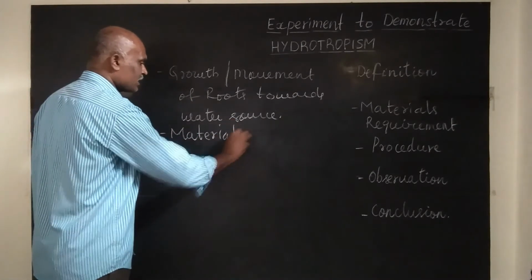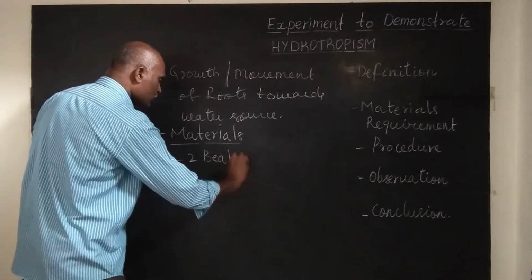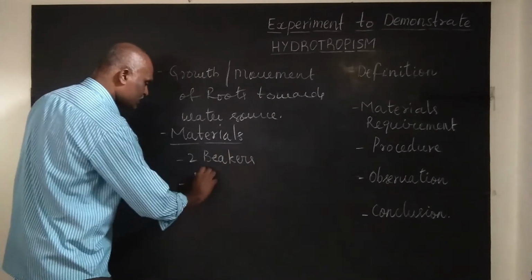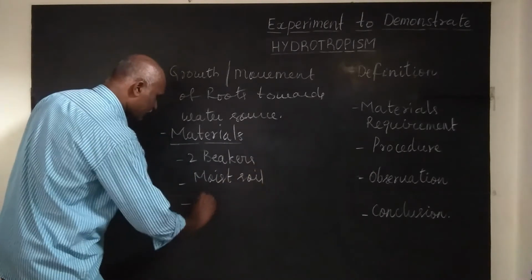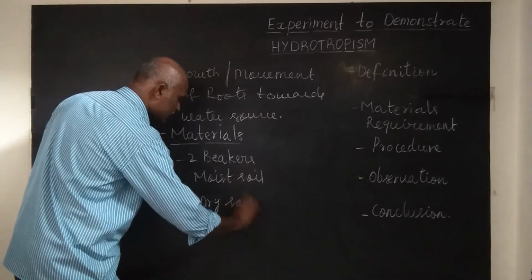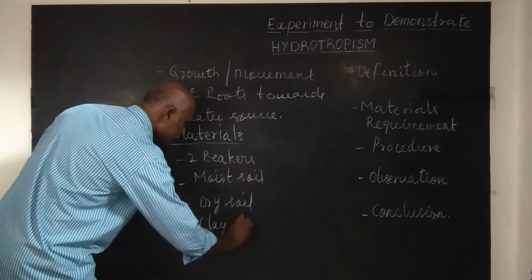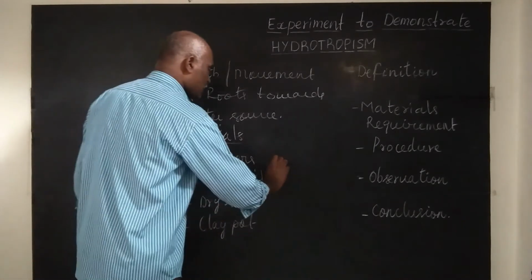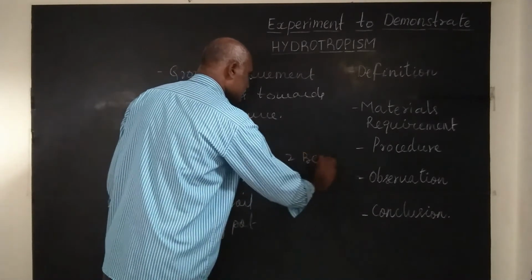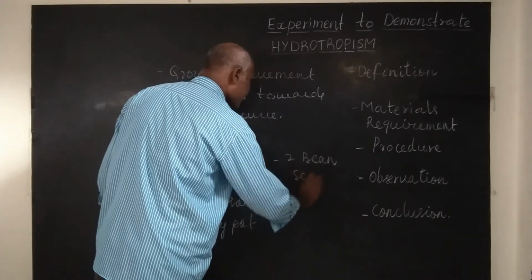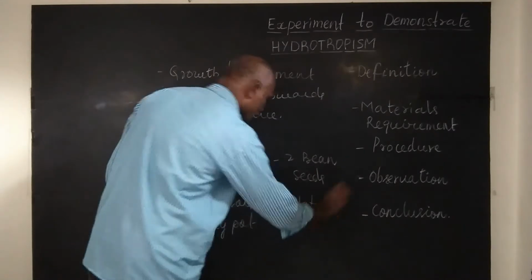The materials required are two beakers, moist soil, dry soil, a small clay pot, 2 healthy bean seeds, and water.